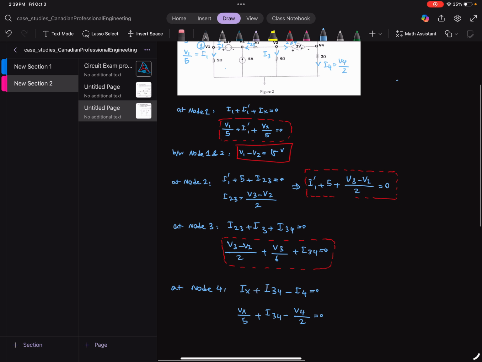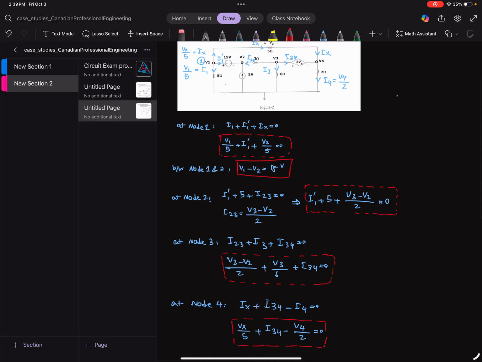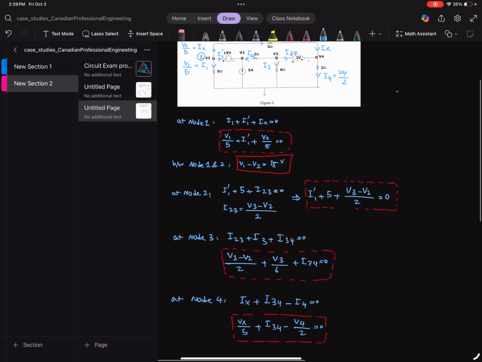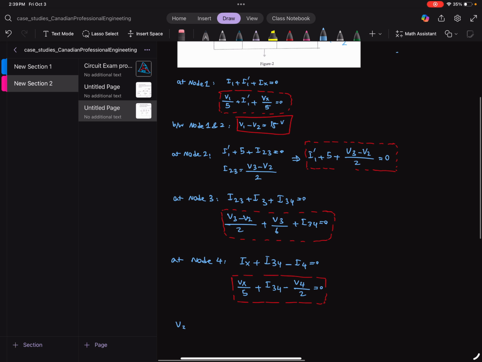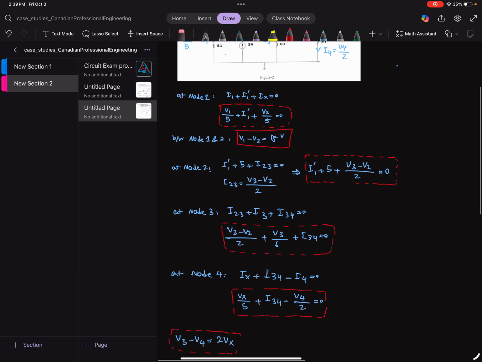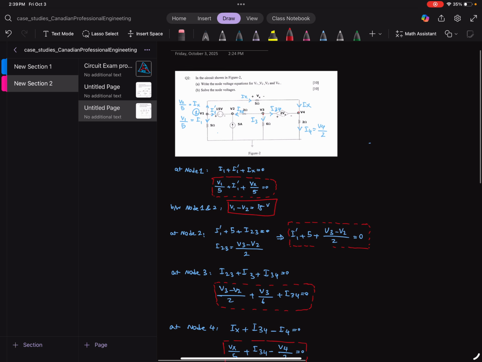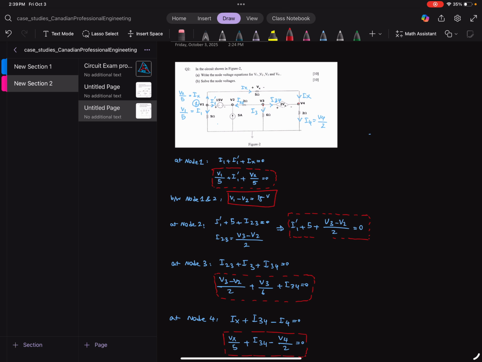So this is another one. But then we also, from this relation, we know that V3 minus V4 is 2Vx. So this is another one. We have to get rid of Vx. Okay? Can we do it here? Still not, I'm guessing, right? So that's another one.